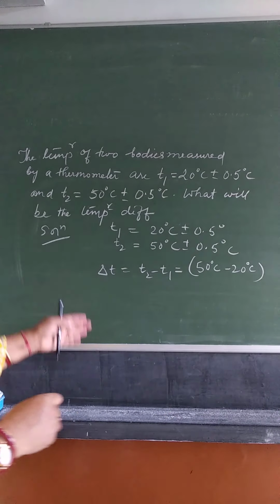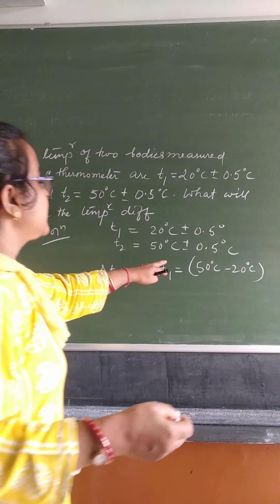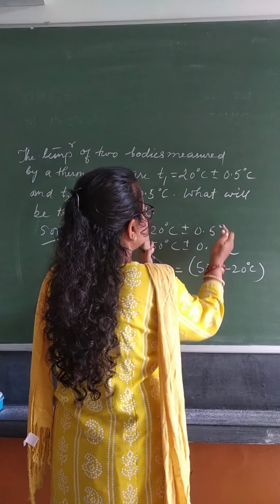So here you see the individual difference we have found out, and the error is given to be 0.5 and this. That means this plus, or in other words you can write this minus this.